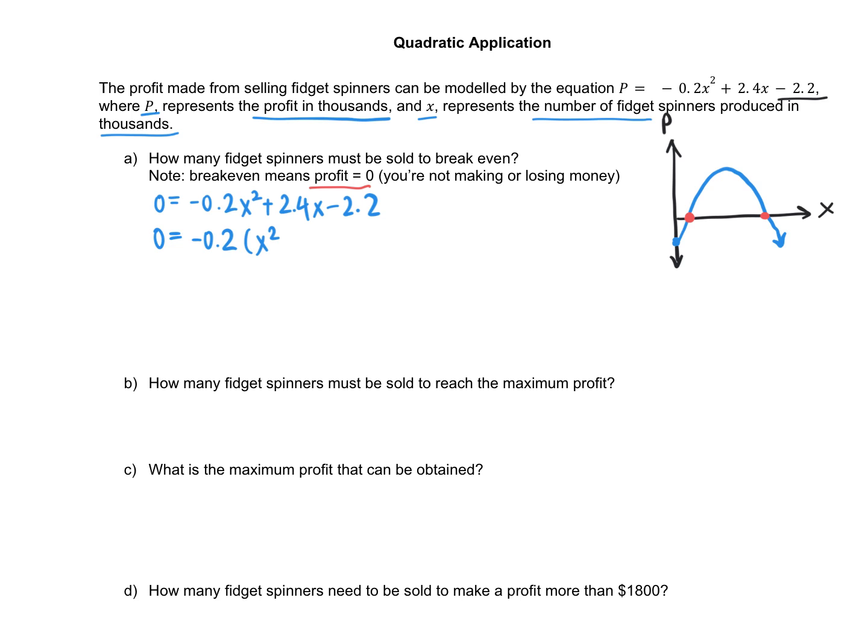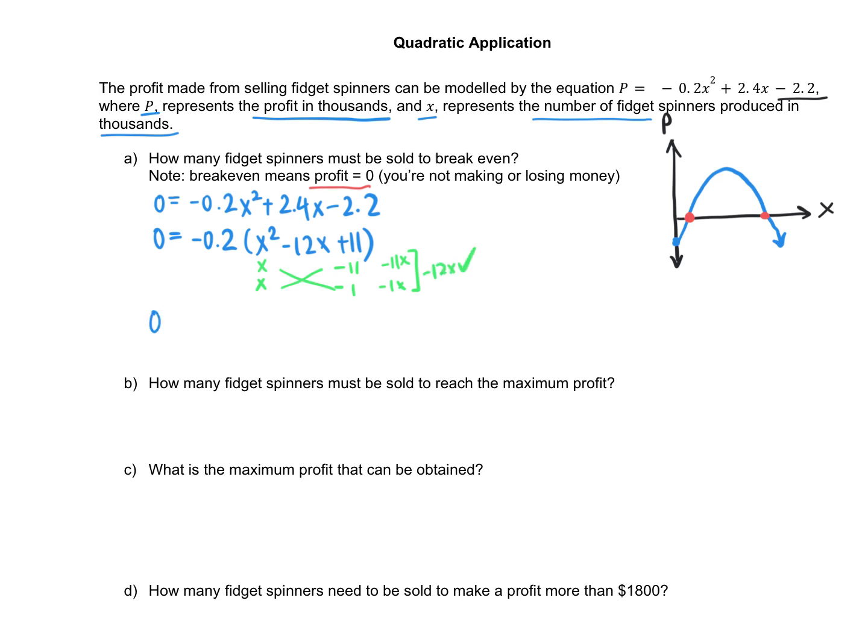So 2.4 divided by negative 0.2 is negative 12, and negative 2.2 divided by negative 0.2 is 11. Now I have a nice trinomial. I can crisscross. X times x is x squared. 11 times 1 is 11, but I need my check to be negative 12, so I'll put a double negative there so that I have negative 11x, negative 1x, and together that does give us the negative 12x.